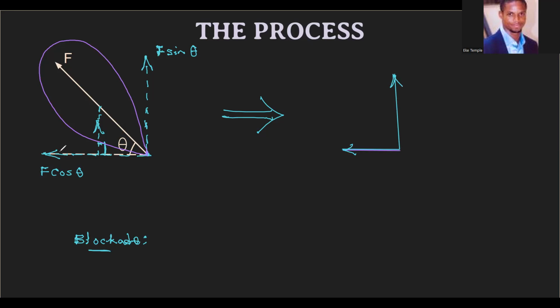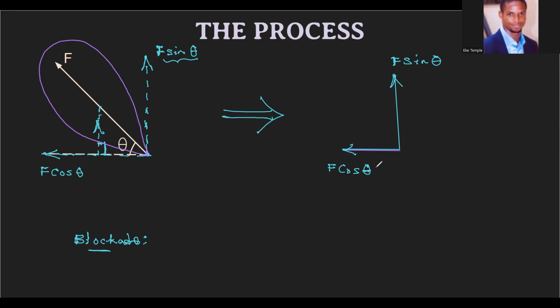Now, the magnitudes. The vertical component here is actually taking F sine theta, while the horizontal component takes F cos theta in this case.